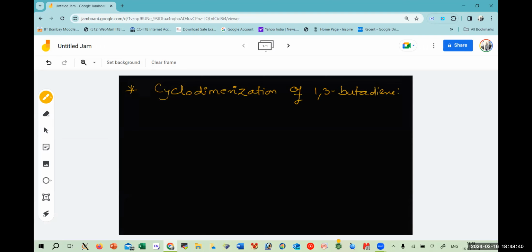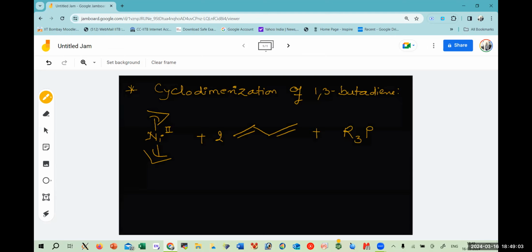So what would be the possible product, and how do we control it? Again, the starting catalyst would be your allyl groups in +2. We are using 2 molecules of butadiene, and here in this step we have added the phosphine group as well. Now, after reductive elimination, we know what the product would be.